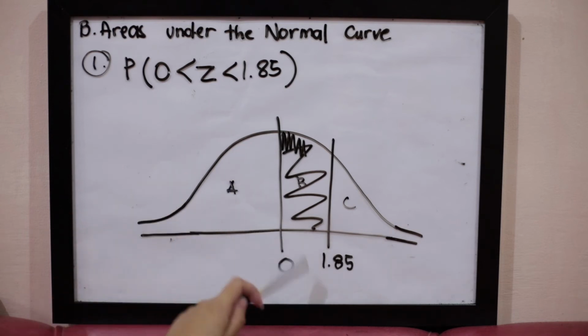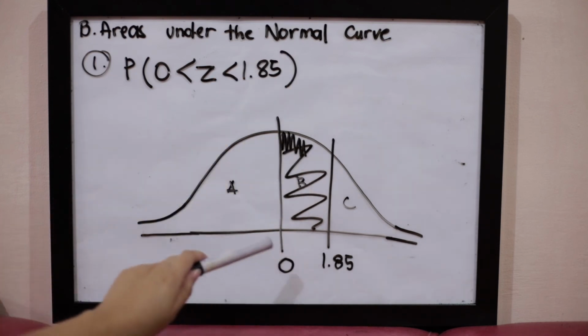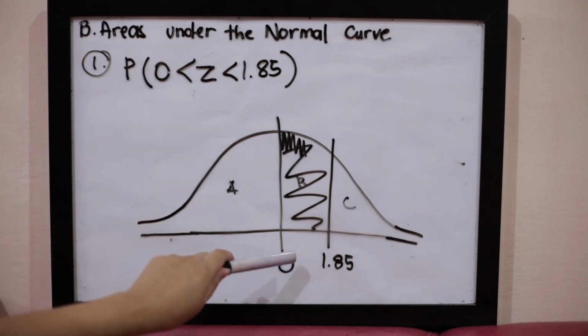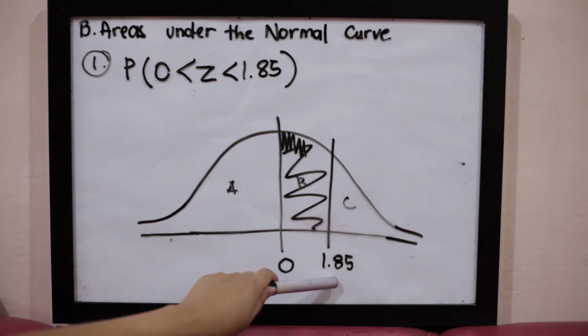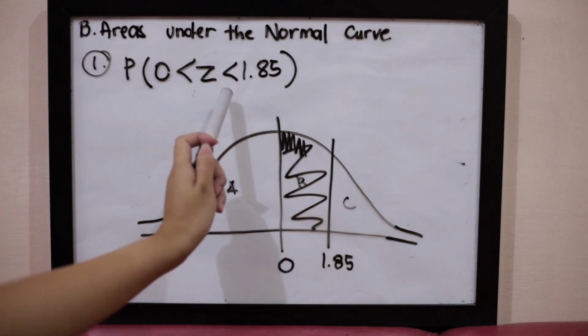So, paano naging ito yung shaded region mo? Kasi nga po, itong mga numbers na between 0 and 1.85 ang nakakapag-satisfy dito. Yung mga numbers mo dito is greater than 0 pero less than 1.85. Hindi siya sa C. Kasi pagka sa C na siya, greater than 1.85 na yon. Sabi nga natin, di ba, less than.